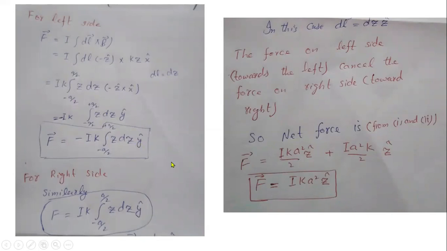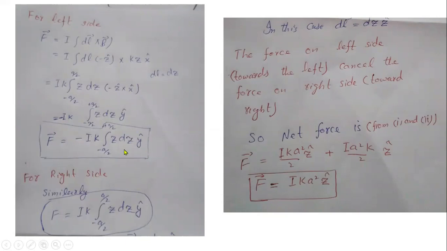So force acting on this left hand side is equal to this, and now we want to calculate the force acting on the right hand side. Adopting the same procedure, we get the force acting on the right hand side as I k minus a by 2 to a by 2 z dz y cap.